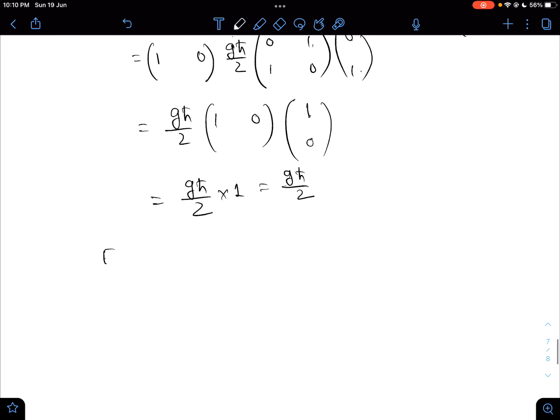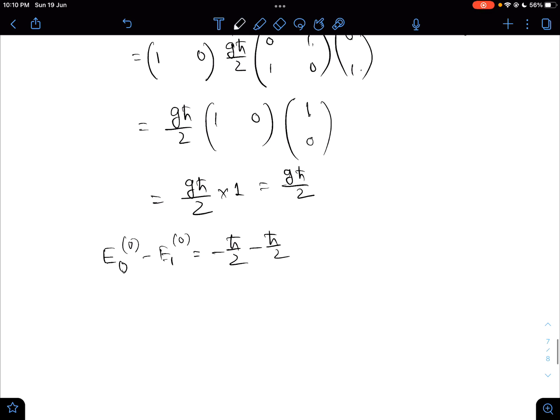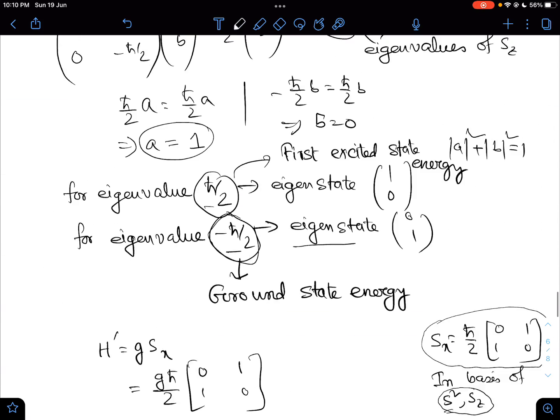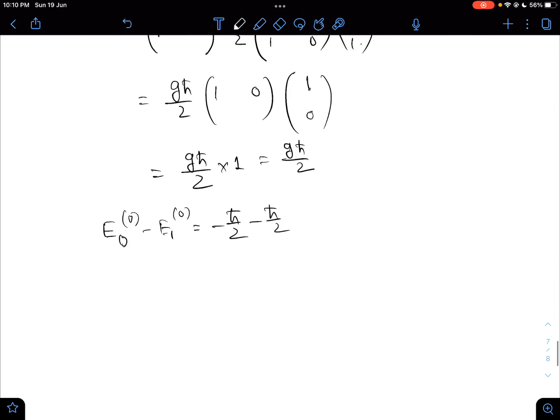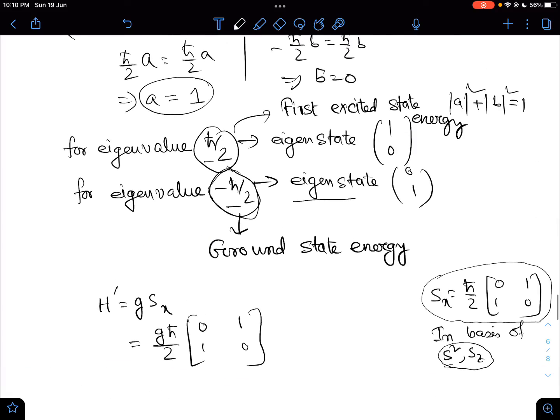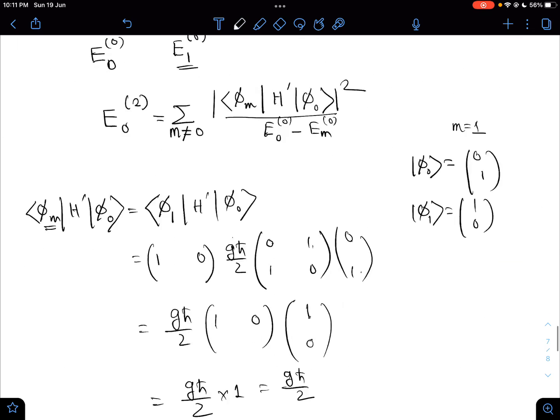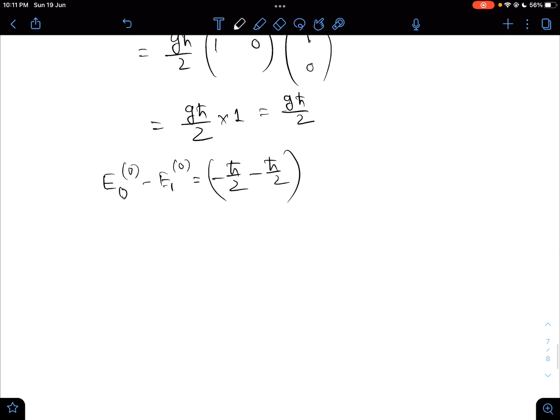And what will be this E0 0 minus E1 0? We have an omega here, so the ground state energy will be minus omega h cut by 2, and the first excited state energy will be omega h cut by 2. So their difference will be minus omega h cut.